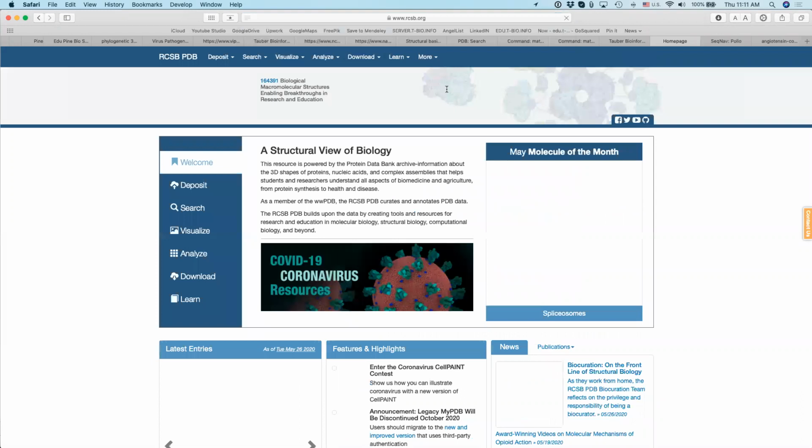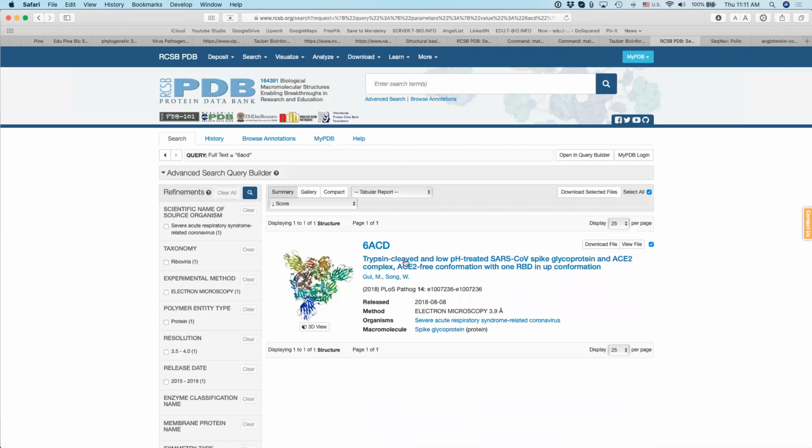If you search for 6ACD, this is the trypsin cleaved and low pH treated SARS-CoV spike glycoprotein and ACE2 complex, ACE2 free conformation with one receptor binding domain in up conformation. So this is one protein that you download, and you can take a look at what exactly this sequence represents. This is from 2018, so this is obviously not SARS-2, this is SARS-1.